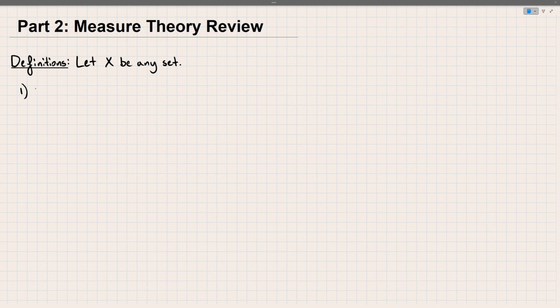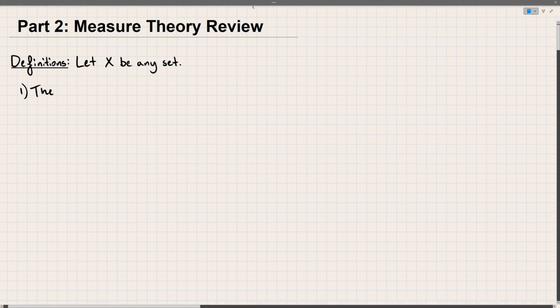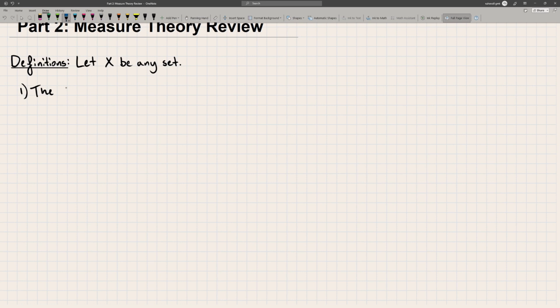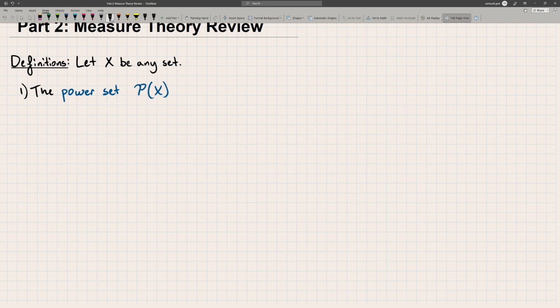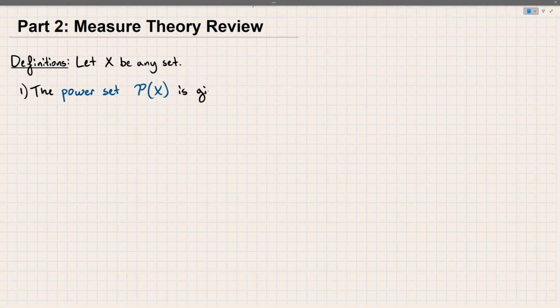We define what's called the power set, which we write cursive P of X. This is given by the following collection. So P of X is the collection of all sets A such that A is a subset of X. That's it. So it's just the collection of all subsets of X.